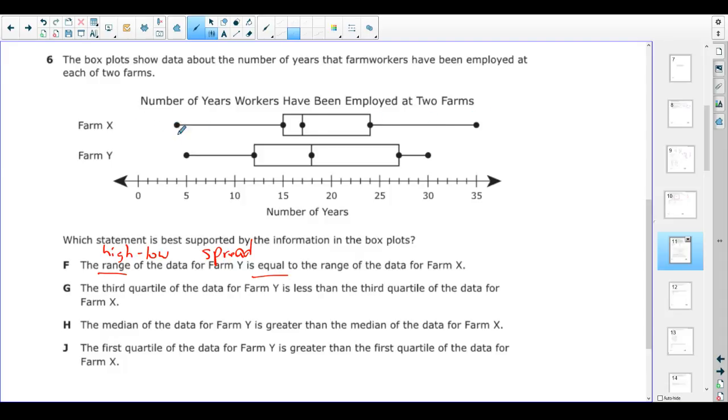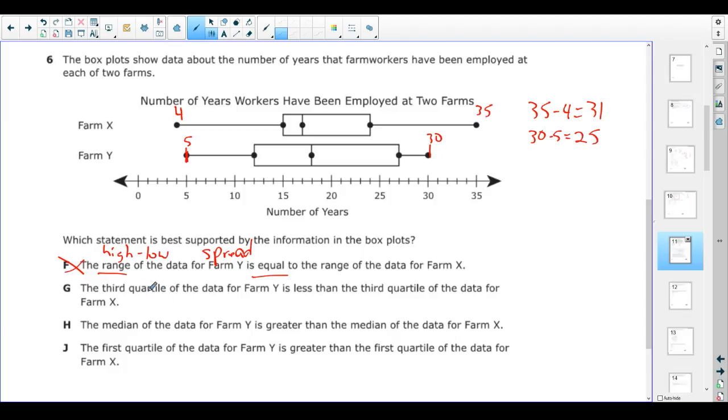But if we look, farm X goes from 4 to 35. So 35 minus 4 is 31, right? But farm Y goes from 5 to 30. And 30 minus 5 is 25. Not true.